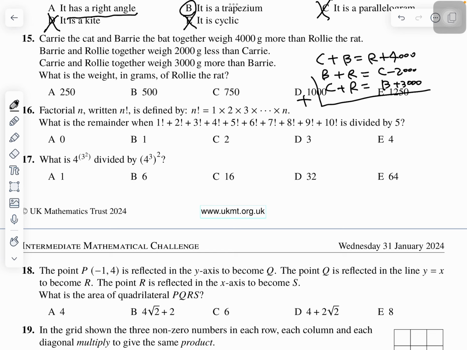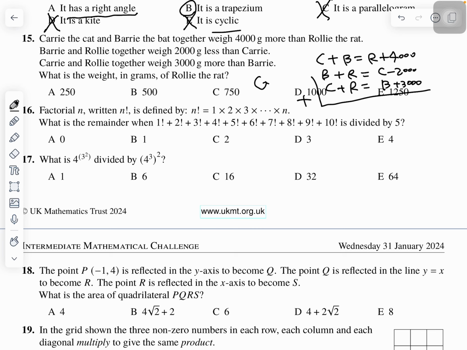Actually, this type of question is quite popular in math competitions. How can I say this is quite cyclic? Cyclic, yeah, because C, B, R, R, C. So this becomes a circle, C, B, R, and makes the relation of each of the two.